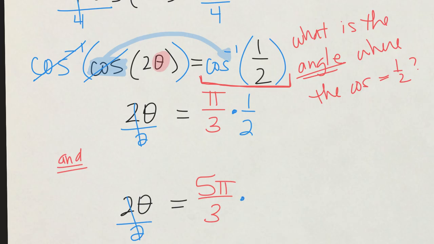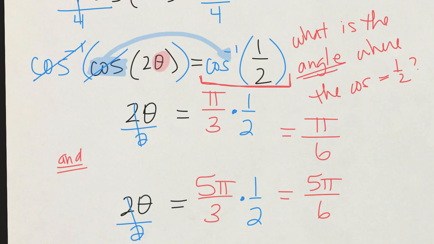Rather than dividing our fraction by 2, multiply your fraction by 1/2, and we get a much more enjoyable experience with multiplication. So pi over 3 times 1 over 2 is pi over 6. 5 pi over 3 times 1 over 2 is 5 pi over 6.